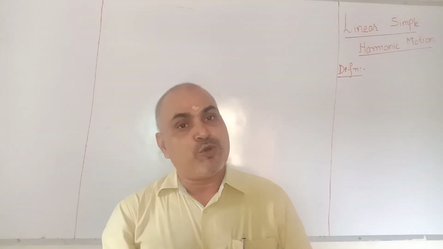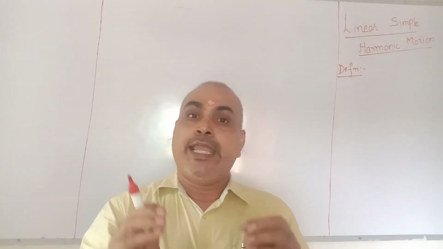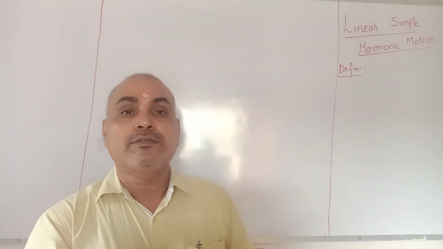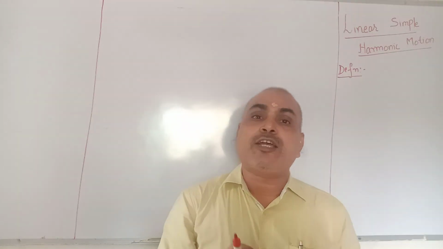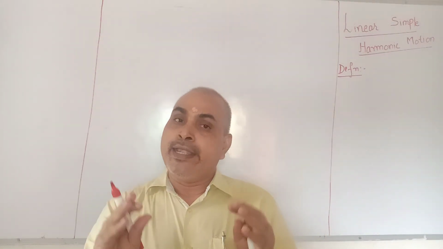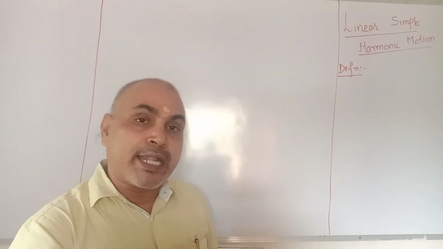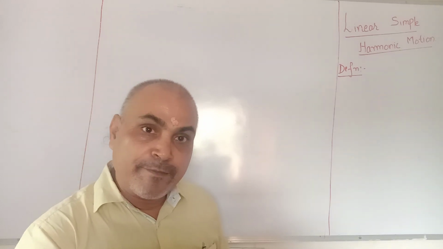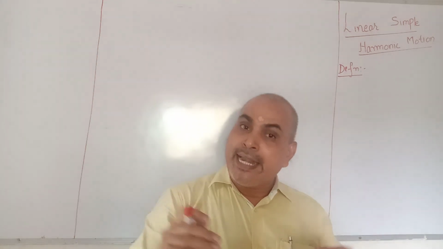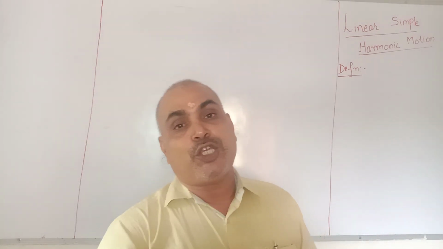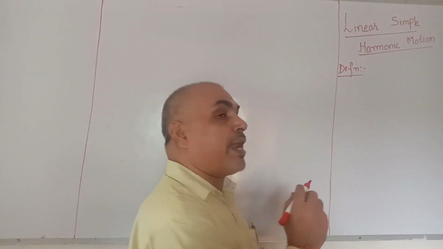Linear simple harmonic motion is motion of an object along a linear path in which the restoring force acting on the particle is directly proportional to the displacement of the particle from its mean position, and it is always directed towards the mean position and opposes the displacement or acceleration.